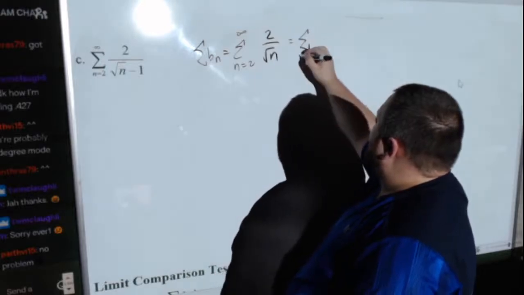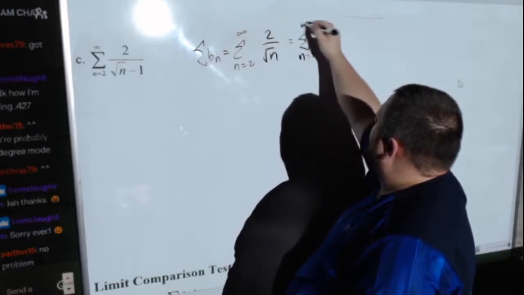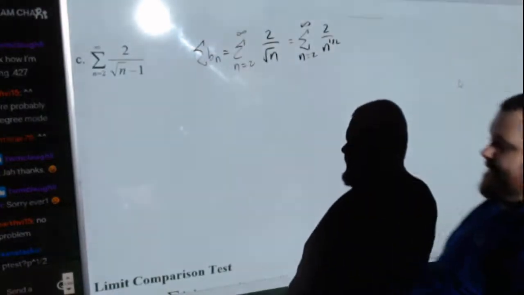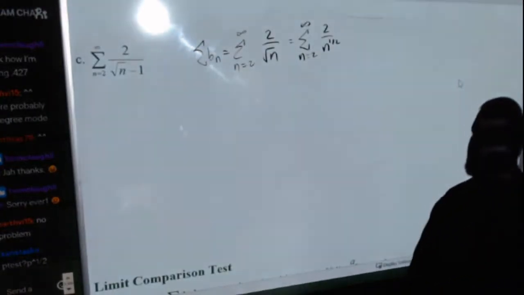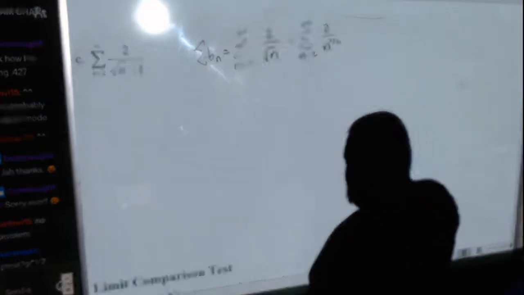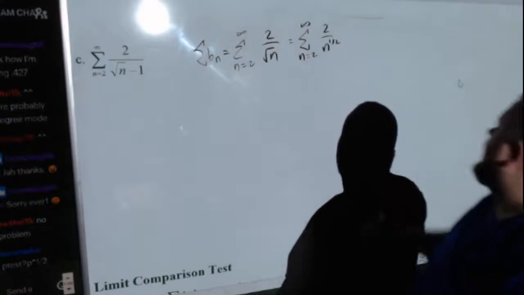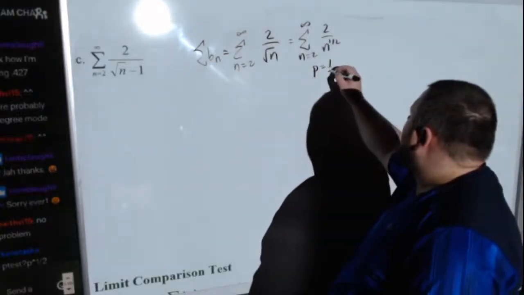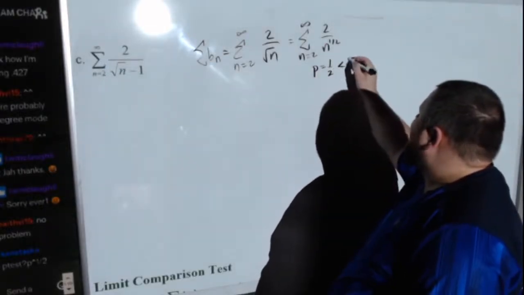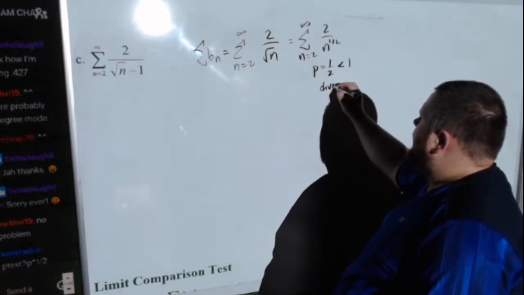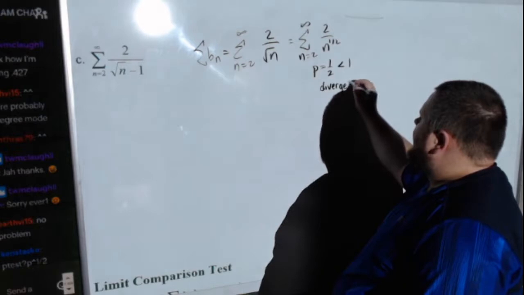So I'm going to rewrite it as n to the 1/2. So yeah, this is p equals 1/2. This is a p series, right? It's n to a power. So p equals 1/2. That's less than 1, which means it diverges.